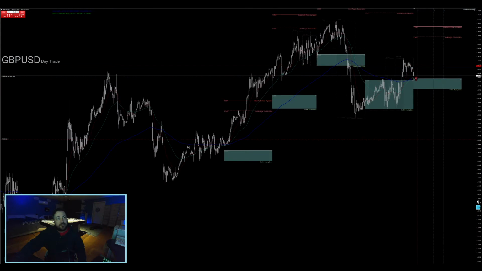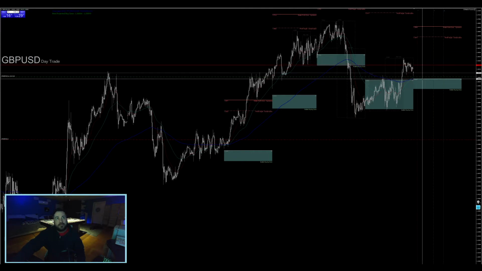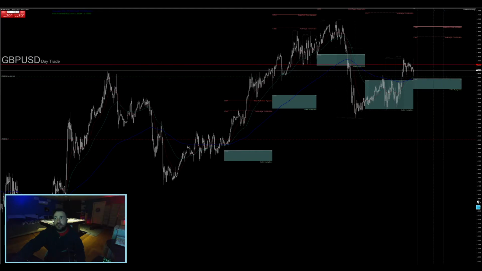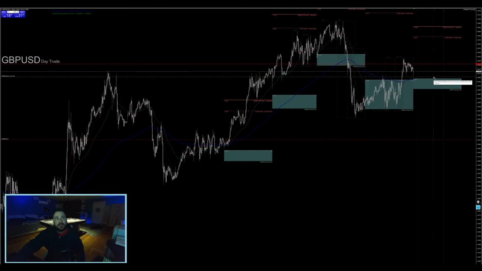All right, so let's see how much of a difference I need to move this. I need to move this 2.3 pips up. It's right here.